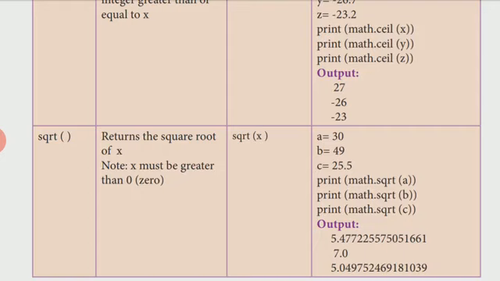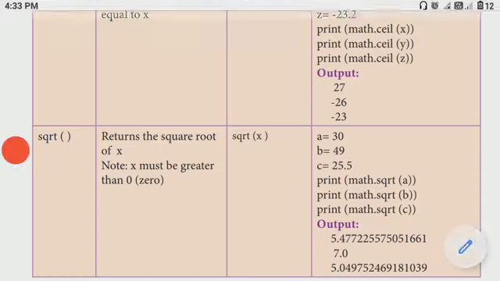That is the exact square root value of 30. Then b equal to 49. For that, math dot sqrt of b, we get 7.0. This is the square root value of b. So these are the functions we use with the import math module. Okay, thank you.